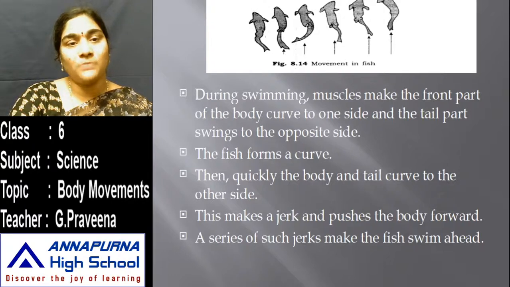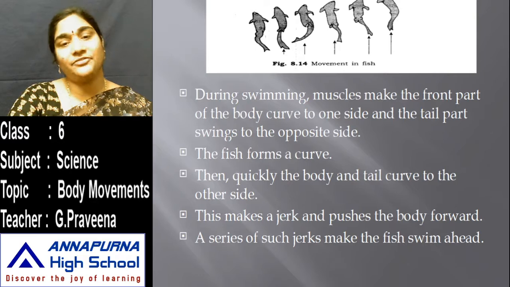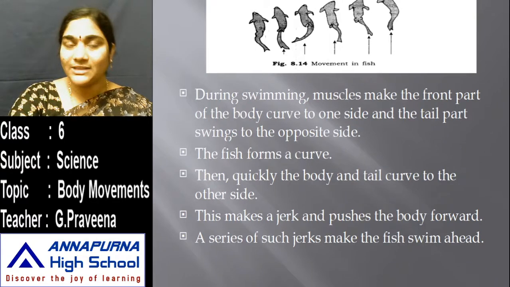The fish forms a curve, then quickly the body and tail curve to the other side. These movements in the fish body make a jerk and push the body forward. A series of such jerks makes the fish swim ahead. So this is how movement is possible in fish.